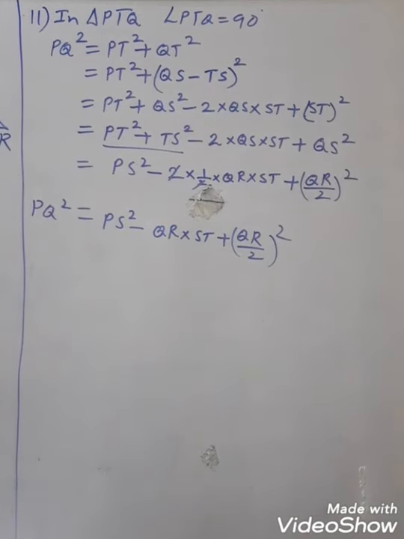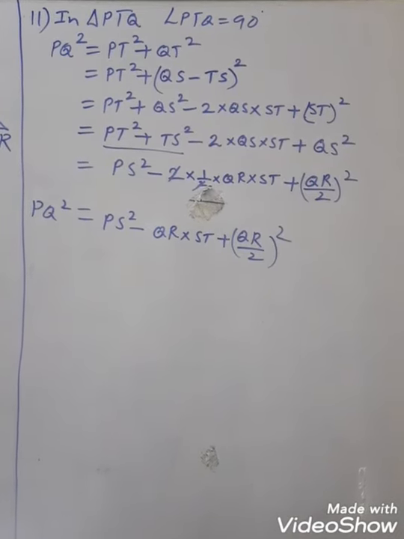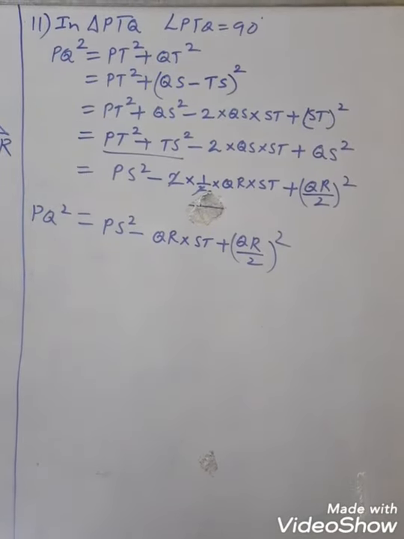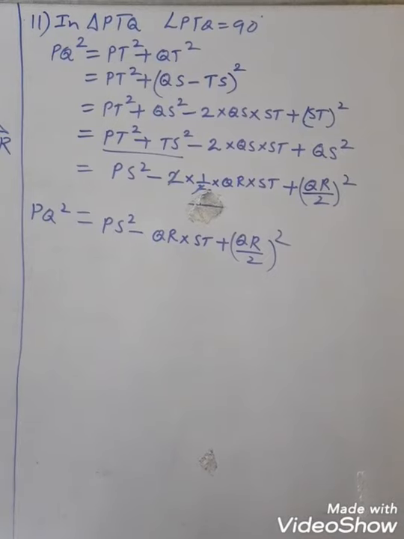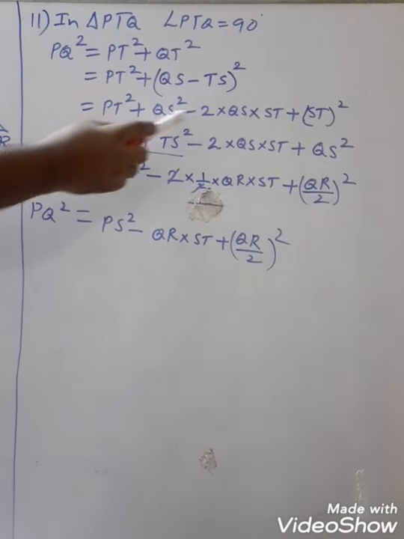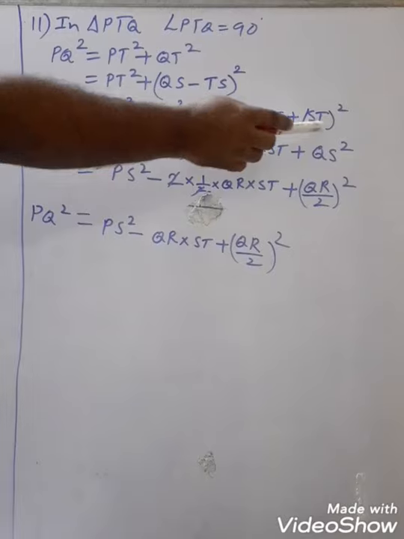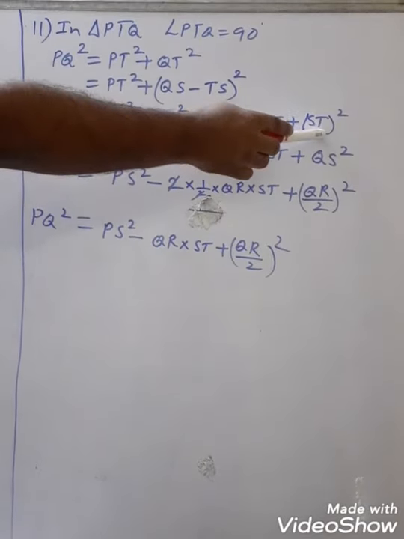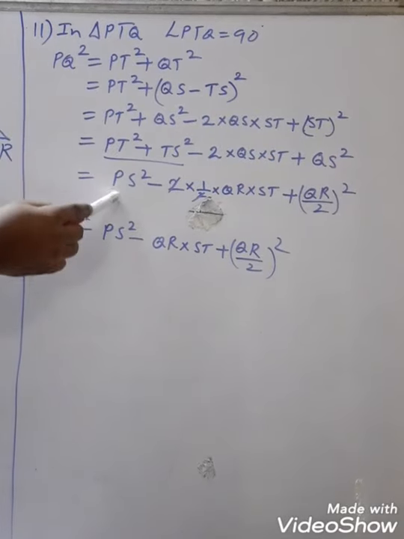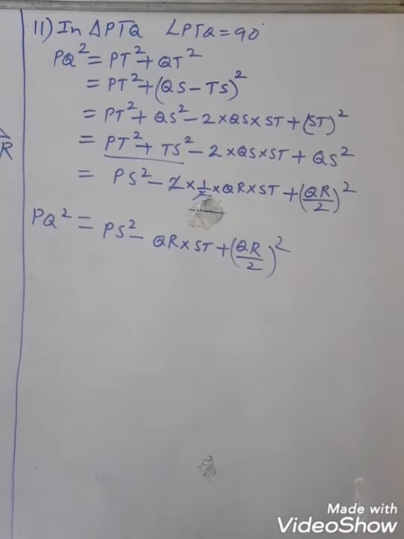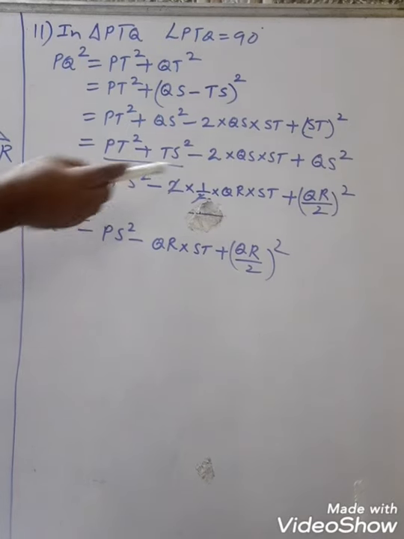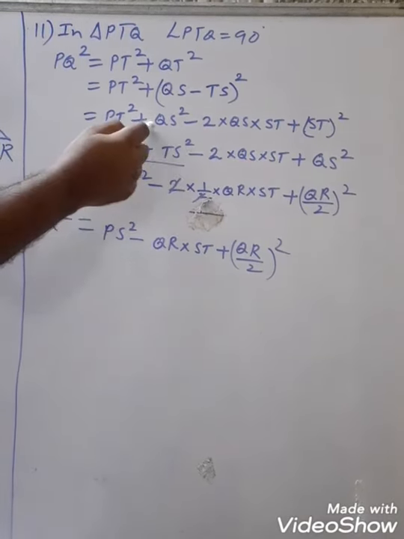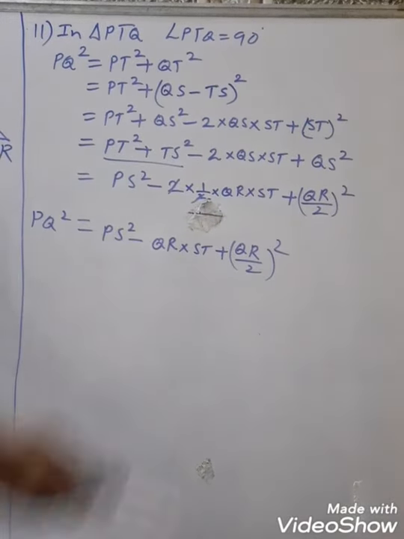So in place of QT, we write down QS minus TS. So again we use (A minus B) the whole square, that is A square minus 2AB plus B square. Now PT square plus this TS square, you get PS square from the second part. Then 2 times QS into ST plus QS.